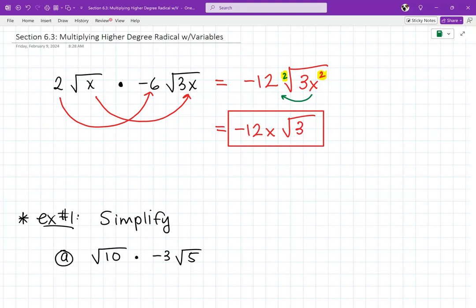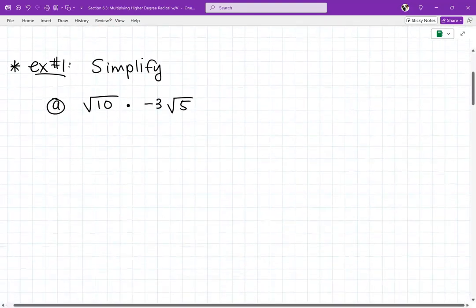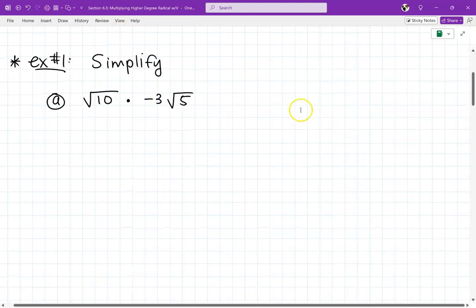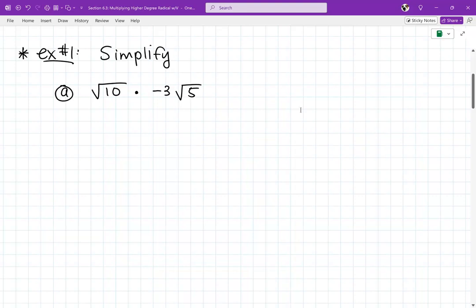Whereas addition and subtraction, that's a big deal. If they don't match up, you can't do it. Multiplication says, throw that out the door. We're just going to multiply. The main thing, though, is after you multiply, you're going to want to simplify. So make sure that you always ask yourself, can I do anything else with this?